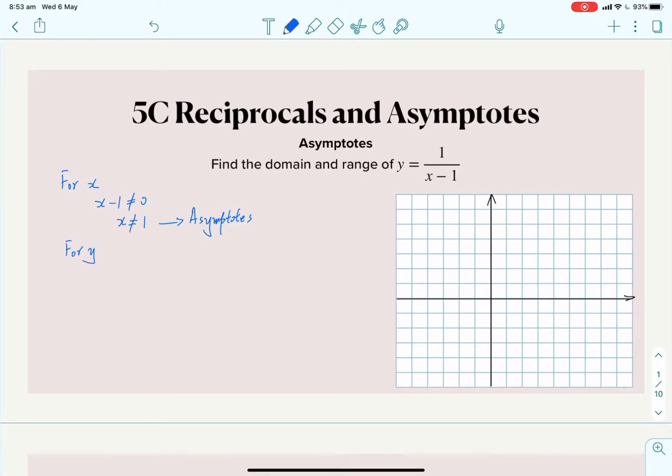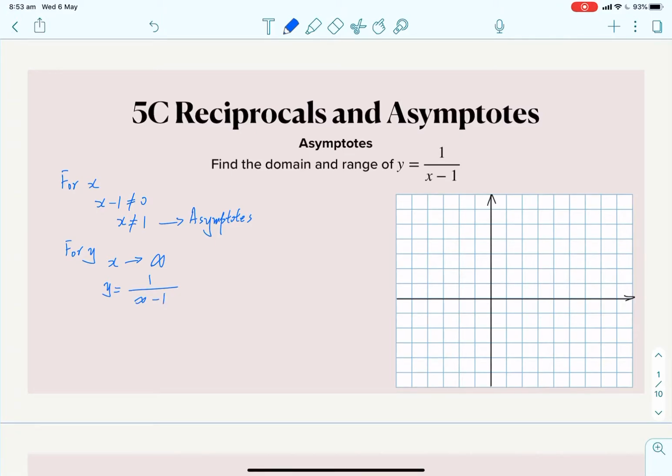Now let's look into y. A lot of you are probably confused about y because you can't pinpoint how it goes, but this is a really quick way. You can assume x is infinity, so extremely big. Then y would be 1 over infinity minus 1.